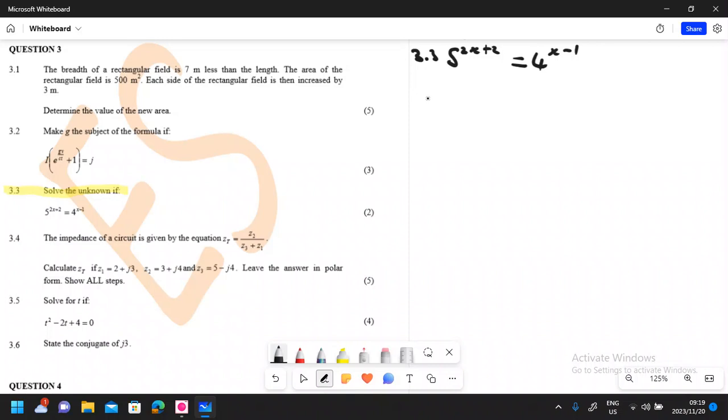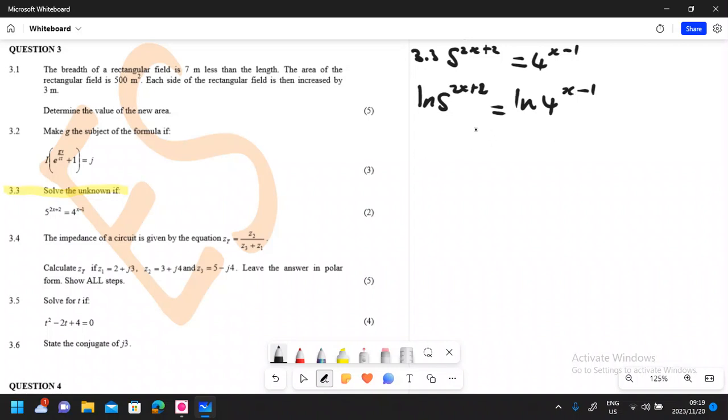So if we introduce the natural log here, we have natural log of 5 to the power of 2x plus 2 equal to, what you do on the left hand side, you must do on the right hand side. Again, natural log, on this side you must introduce it, of 4 to the power of x minus 1.